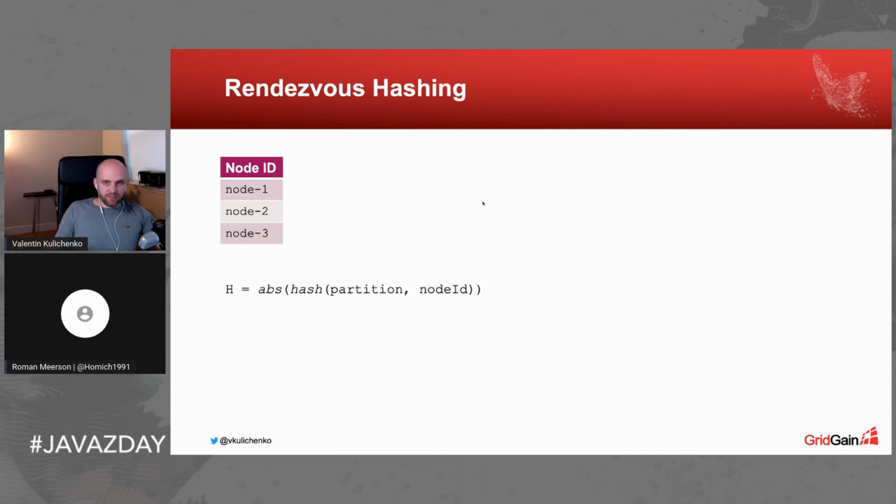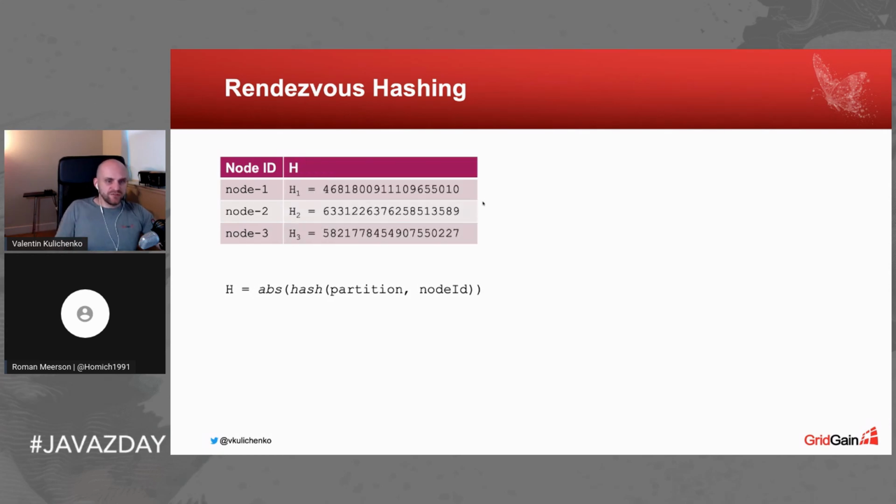So imagine you map partition number 2 to a node. You want to know where this partition number 2 is stored. So you will calculate this function 3 times, for partition number 2 and for every node ID that you have. And you will get certain values, right? These are just random values that you might get.